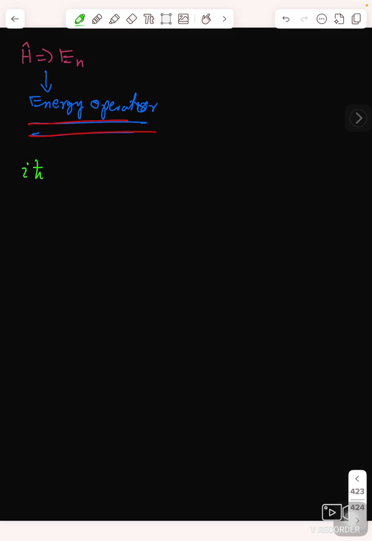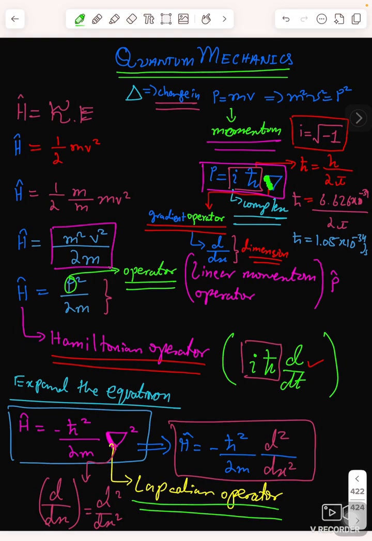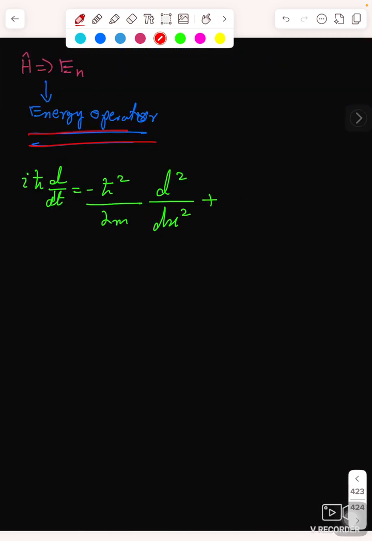i h bar d over dt is equal to minus h bar square over 2m d square over dx square plus. Now here, what I was not looking at is the potential energy. Let's suppose that the particle has some force exerted on it, which will be added as a potential.